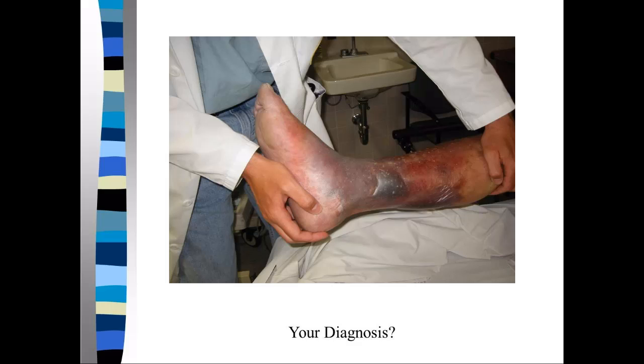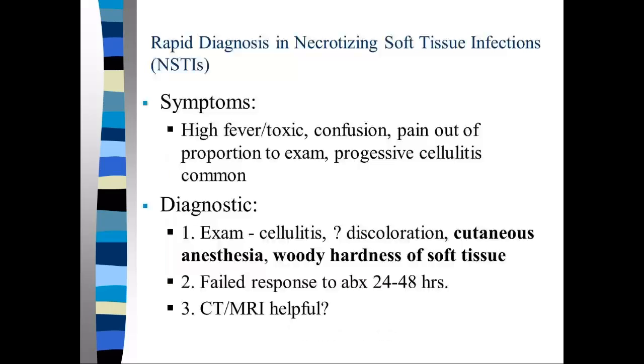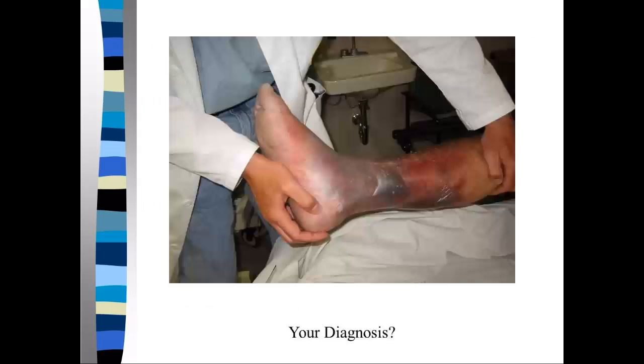So this was necrotizing fasciitis, and again, these patients have pain out of proportion to exam. They're very toxic. They have rapid spread of the cellulitis. This gentleman in particular had the progression of his cellulitis by several inches just while he was in the ED, as it turns out.